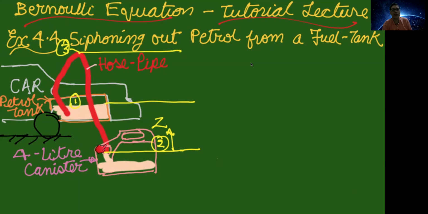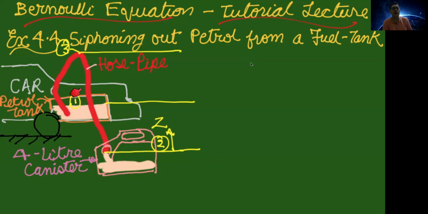In this problem, other than the filling time, another interest is what happens when the petrol is passing through this pipe. Since the petrol is considered incompressible, and since the cross section of the pipe is uniform, the area is constant.